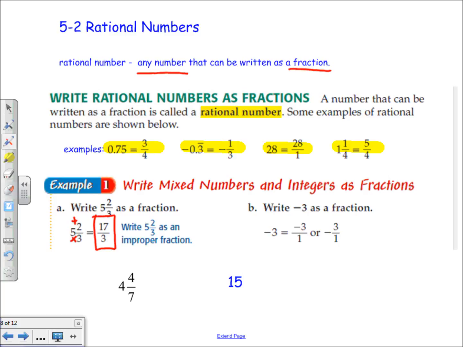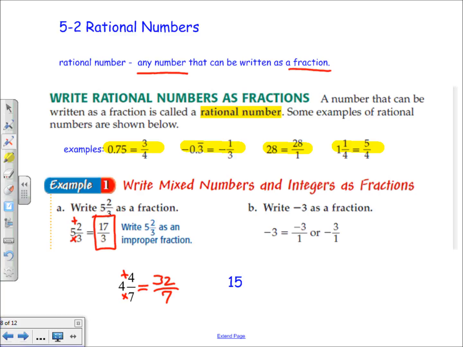So 5 2/3 as an improper fraction is 17/3. Let's try another one down below. 4 4/7. 4 times 7 is 28, plus 4 is 32/7. The denominator stays the same. So that's writing mixed numbers as an improper fraction.